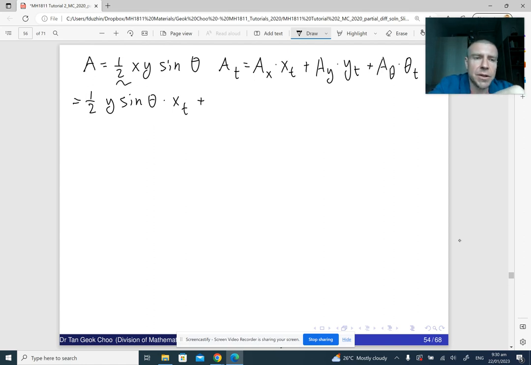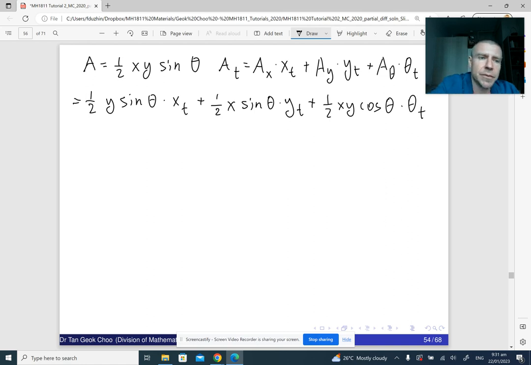Now we've got to differentiate this expression with respect to y, and the derivative is just 1/2 x sine theta times y_t, plus the derivative of the same expression with respect to theta now, and it's going to be 1/2 xy cosine theta times theta_t. So equals. And now basically we just need to insert all the given values, right?